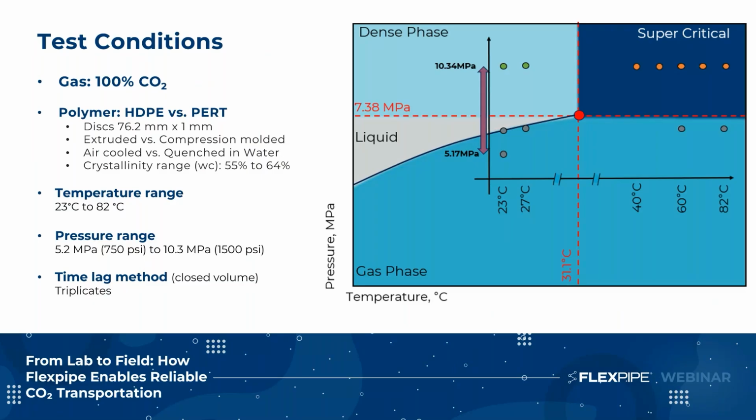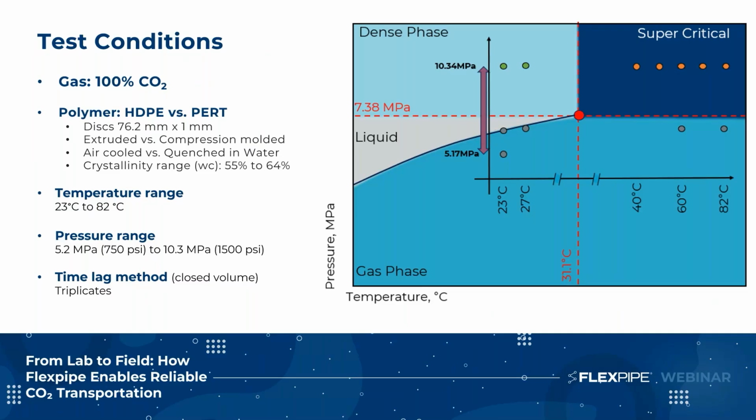We use two grades of liner material in our Flexpipe products, HDPE and PERT. The samples we tested were flat film discs, and we compared extruded samples versus compression molded samples, whether they are air-cooled or quenched in water.